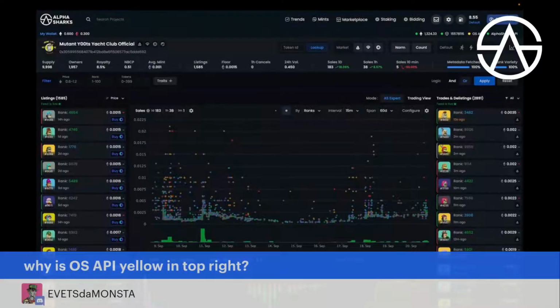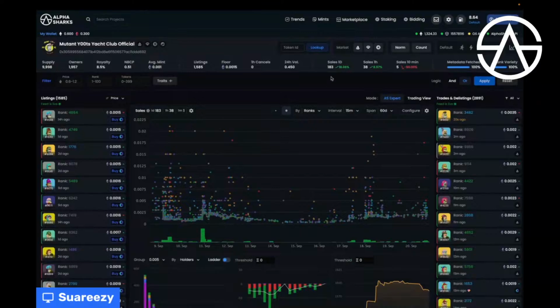Next question: why is OS API yellow in the top right? That's a great question. We do have a breakdown sheet for that. Let me try to pull that up. Nonchalant, I don't know if you're still here. If you have that link and could drop it, that would be awesome.